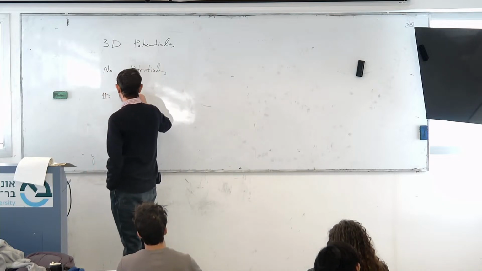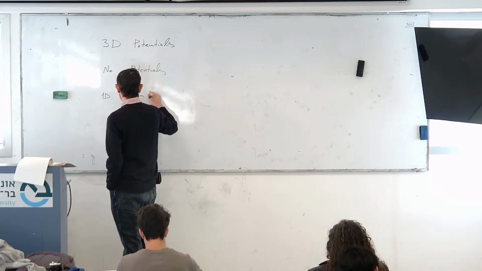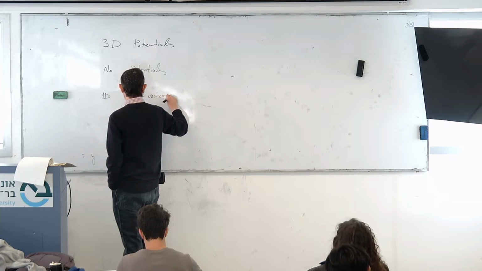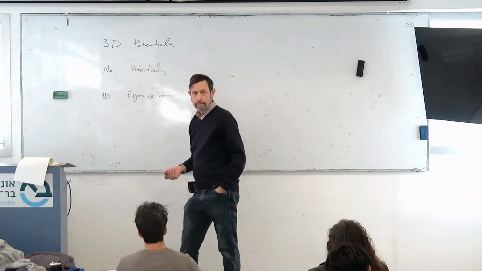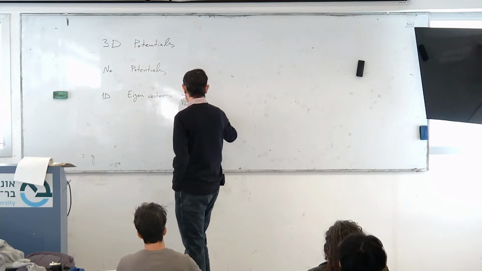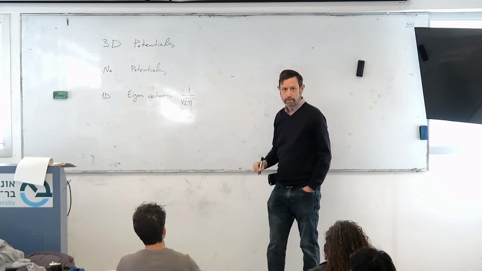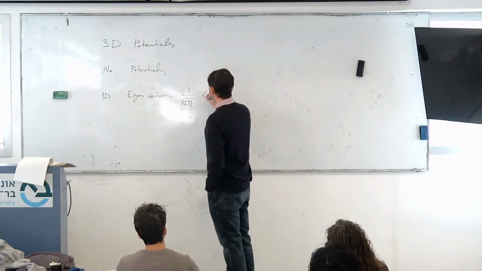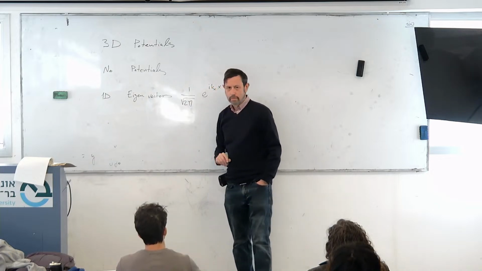We know that the eigenvectors are the Dirac normalization. Right?